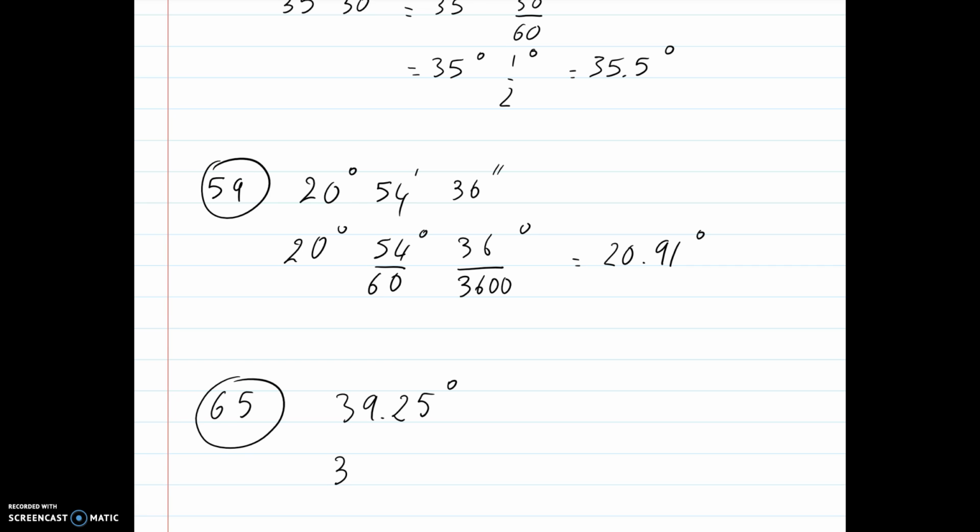We are going to end up with 39 degrees plus 0.25 multiplied by 60 minutes. Multiplied by 60 minutes, and we end up, for problem number 65, with 39 degrees 15 minutes.